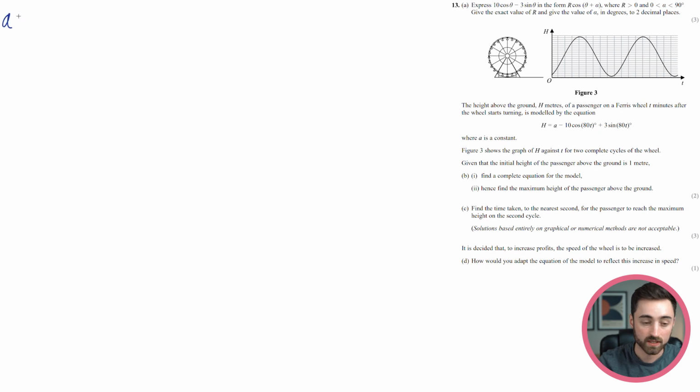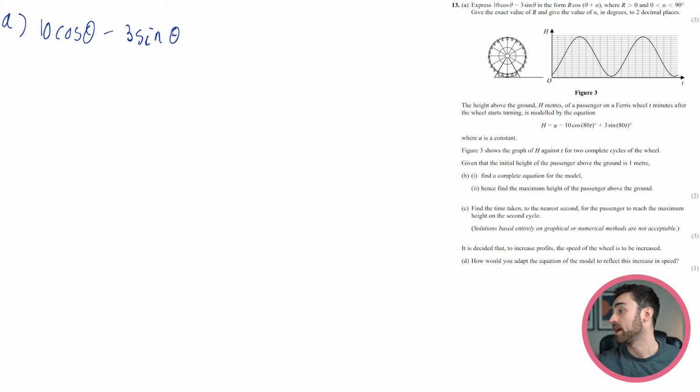13. Here we go. So part A says express 10 cos theta minus 3 sine theta. So let's get that down. 10 cos theta minus 3 sine theta in the form r cos of theta plus alpha. Okay, so from the formula booklet, what is cos of theta plus alpha?